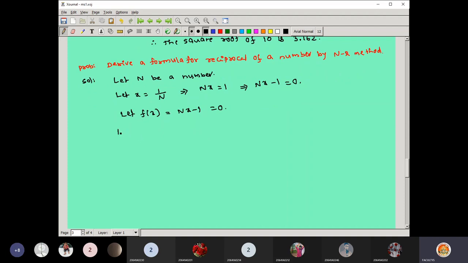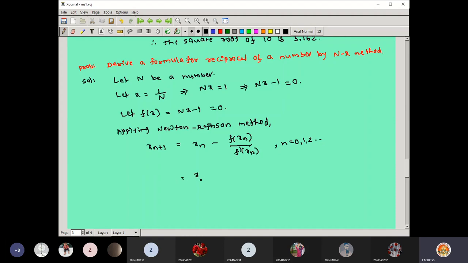So directly applying the Newton-Raphson method, your formula is xn plus 1 equals xn minus f of xn by f dash of xn. Here n takes the value 0, 1, 2 and so on.